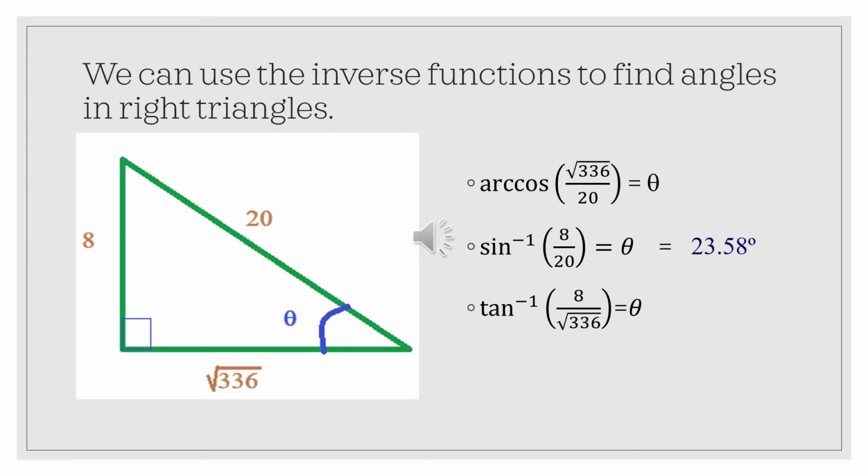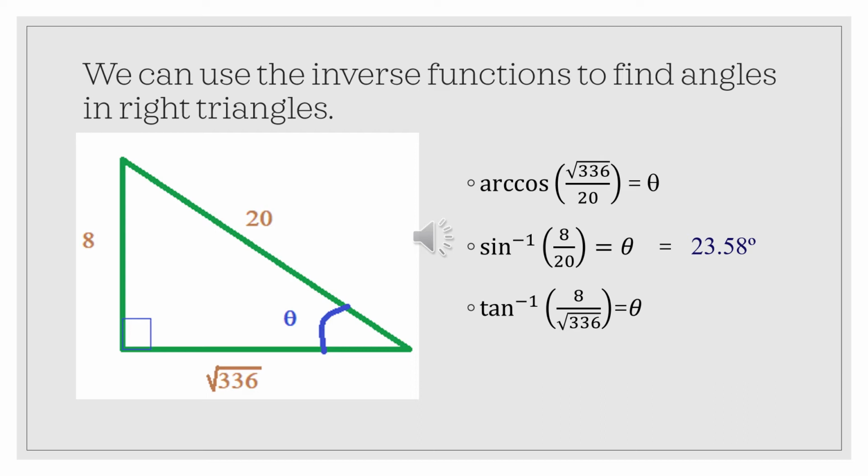Here is an example using a right triangle. I have a right triangle where one leg is 8 and the other leg is the square root of 336, and my hypotenuse is 20. So arc cosine of the adjacent side, square root of 336 over the hypotenuse of 20, would equal that angle theta.